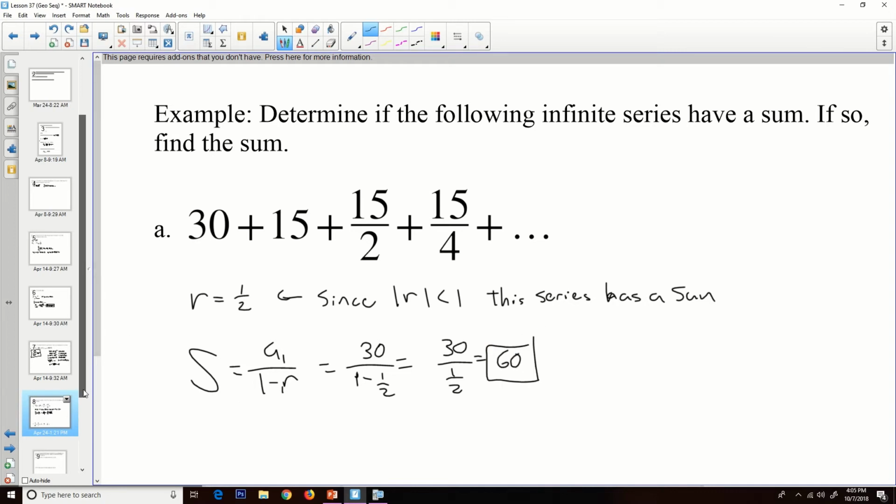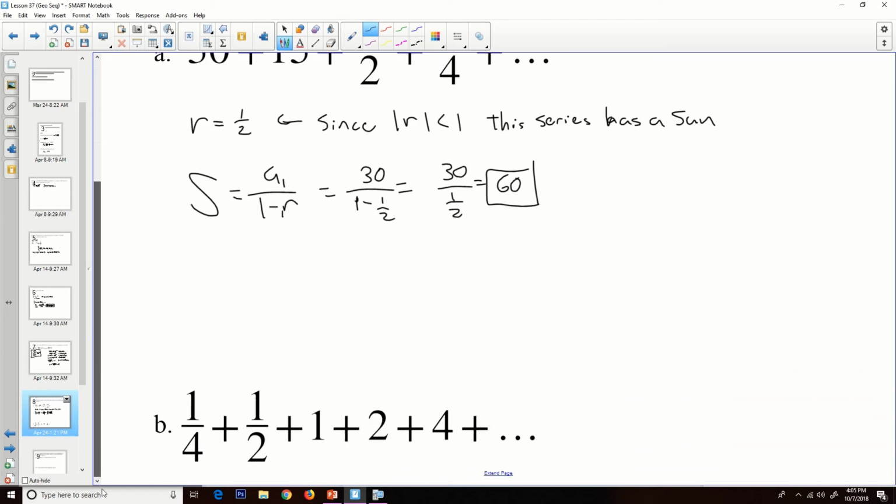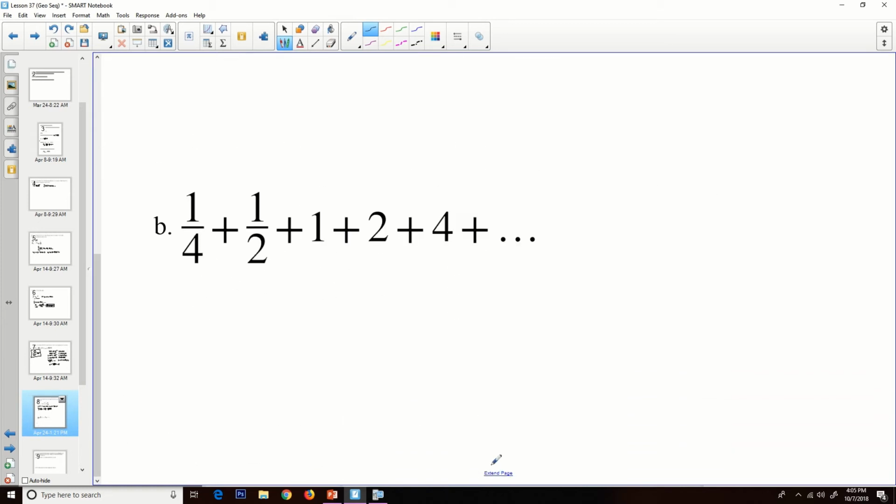All right. Oops, there's a part B. So I look at this next one right here, and let's see here. A quarter times 2 is a half. A half times 2 is 1. 1 times 2 is 2. 2 times 2 is 4. So this has a common ratio of 2. That's how I get each term.